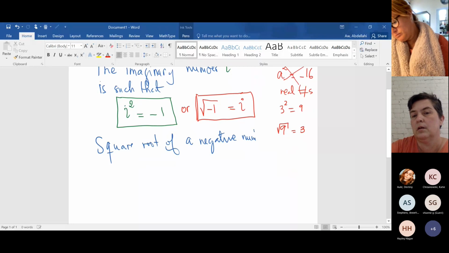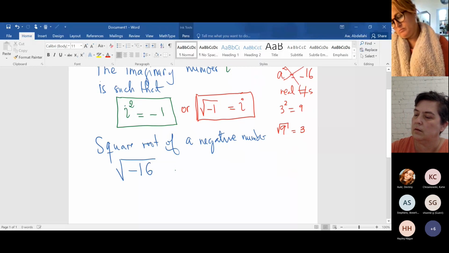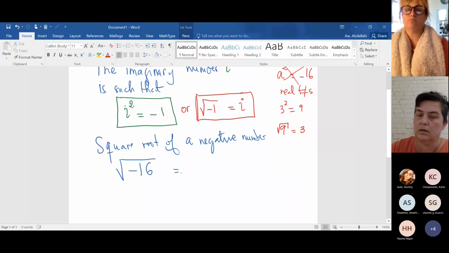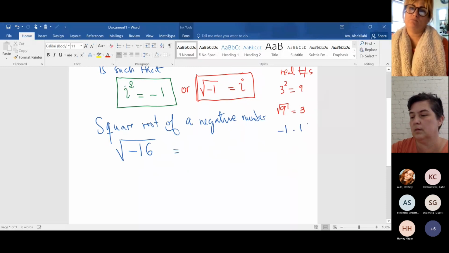When I say square root of -16, I'm going to view -16 as two things: the -1 and the 16. Because -16 is -1 times 16, right?